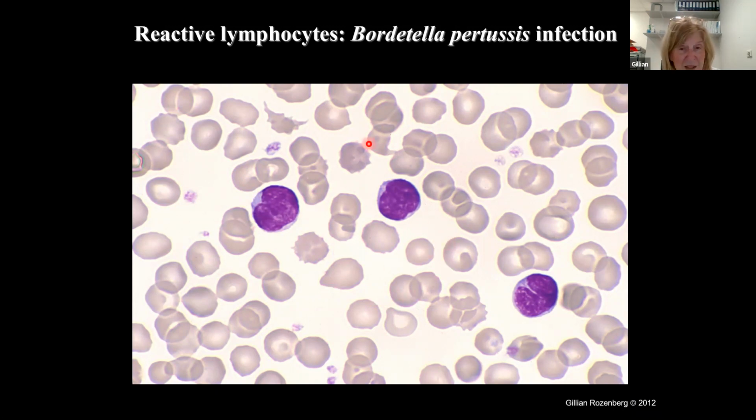And where I work, I make sure that the scientists will ring the consultant about this child and let them know that we've seen lymphocytes significant or commonly found in Bordetella pertussis. It's highly infectious, so it's important that you do notify somebody on the medical team looking after the child.